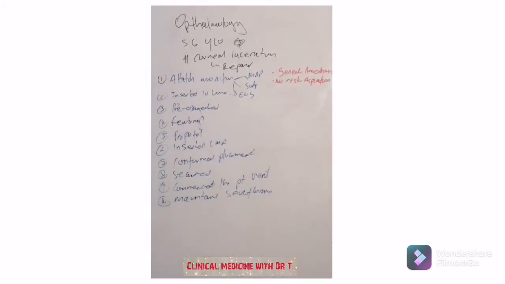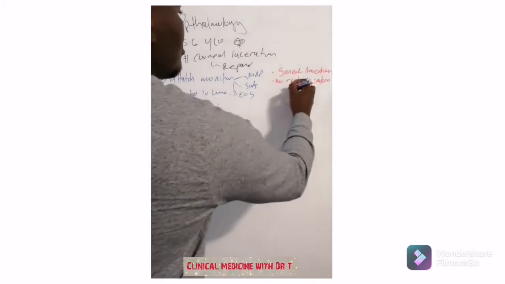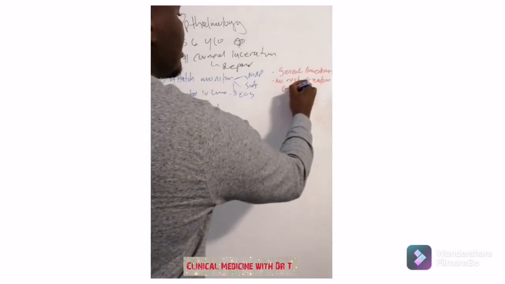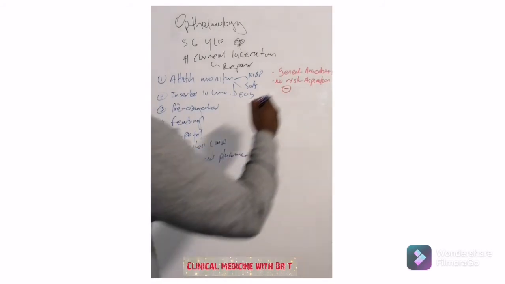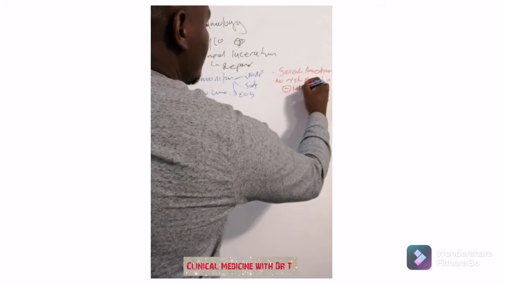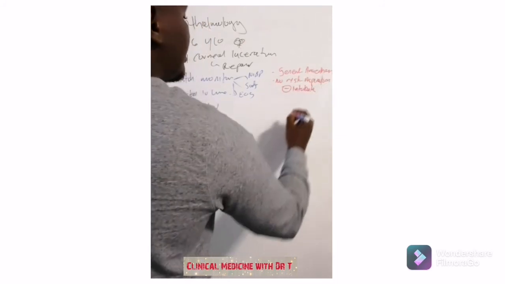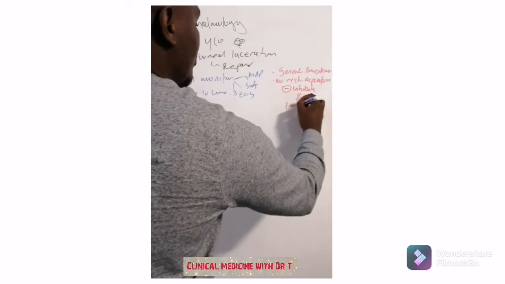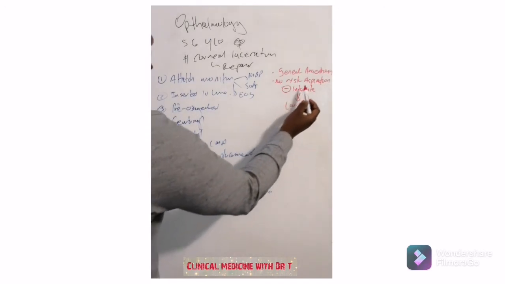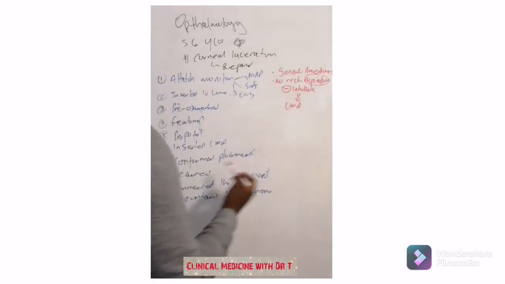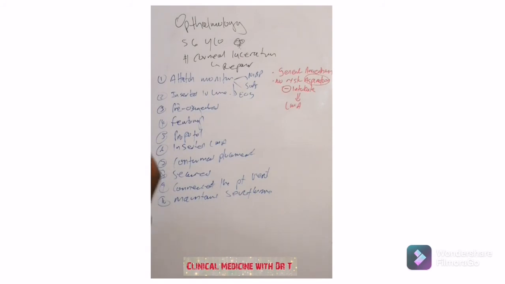Because she had no risk of aspiration, we were not compelled to intubate her. So we opted for an LMA. If she had a risk for aspiration, even though she's an elective, we were not gonna put an LMA, we were gonna intubate her. But because she was fasted, we put an LMA on her.